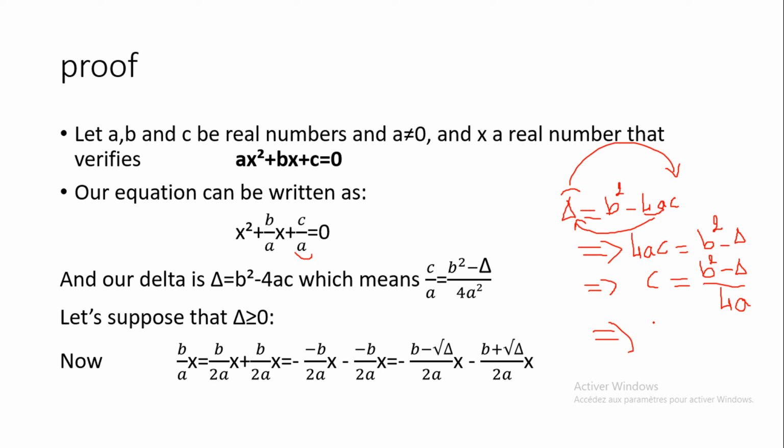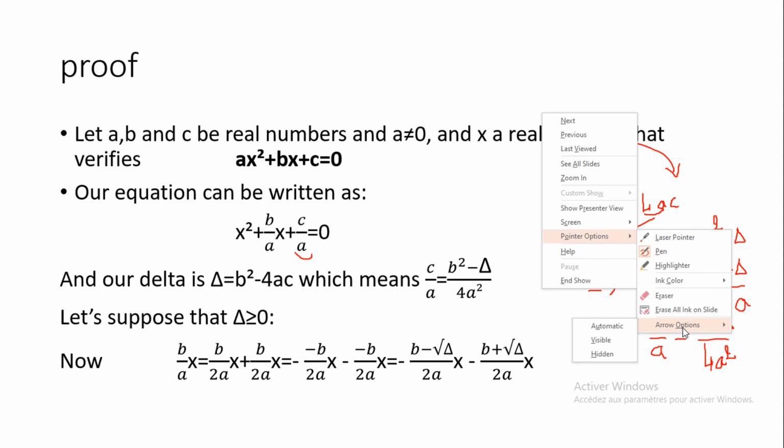So if we divide by a, we get b squared minus delta over 4a squared. Good.